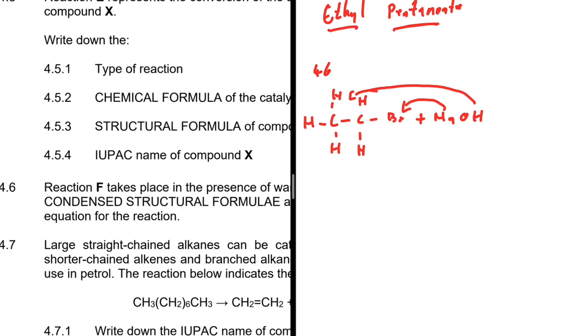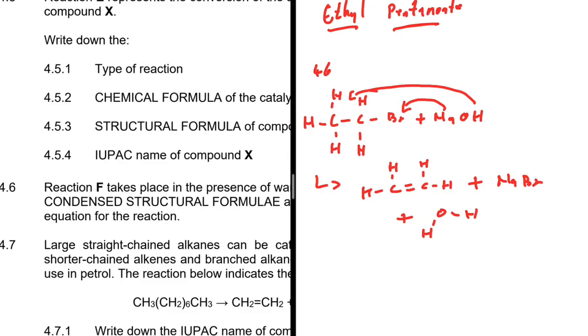So let me show you. It means here that the products, we're going to have one double bond because now it is an alkene, hydrogens elsewhere, plus NaBr plus H2O. This is how the reaction takes place in terms of the structural formula.